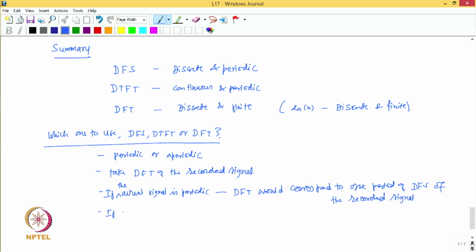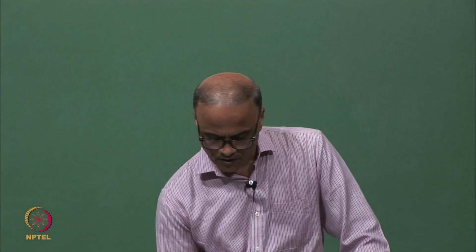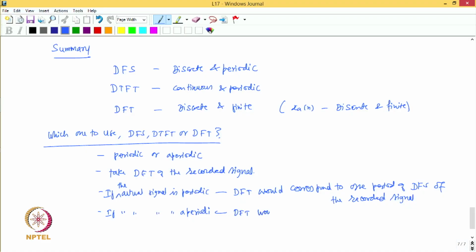But if the actual signal is aperiodic, then in that case the DFT we obtain would basically correspond to one period of the sampled and scaled version of the DTFT of the recorded signal.